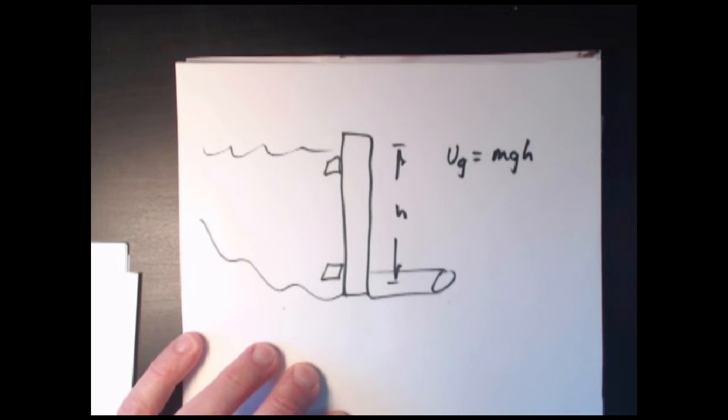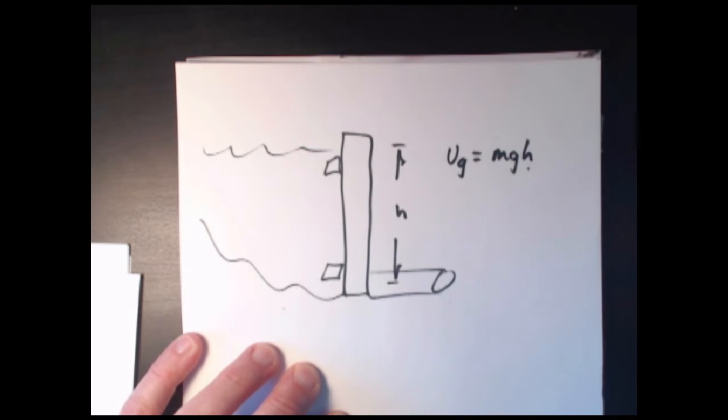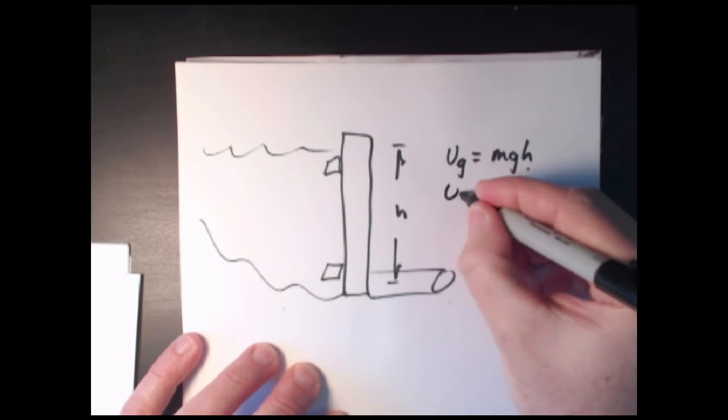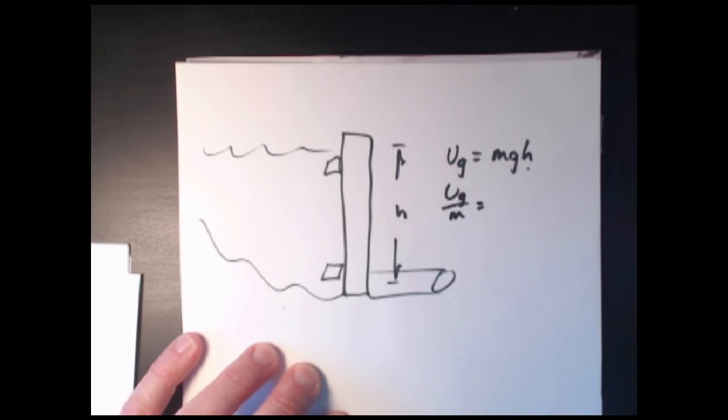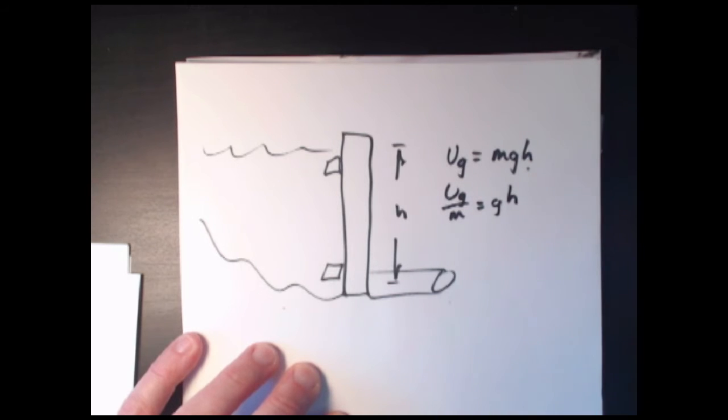So mass times g times the height. So that's the potential energy that I can have stored. And what matters is the height. If I was to describe this in terms of potential energy per mass, so per kilogram, what matters is my gravitational field I'm in and how high I am from my zero point in this gravitational field.